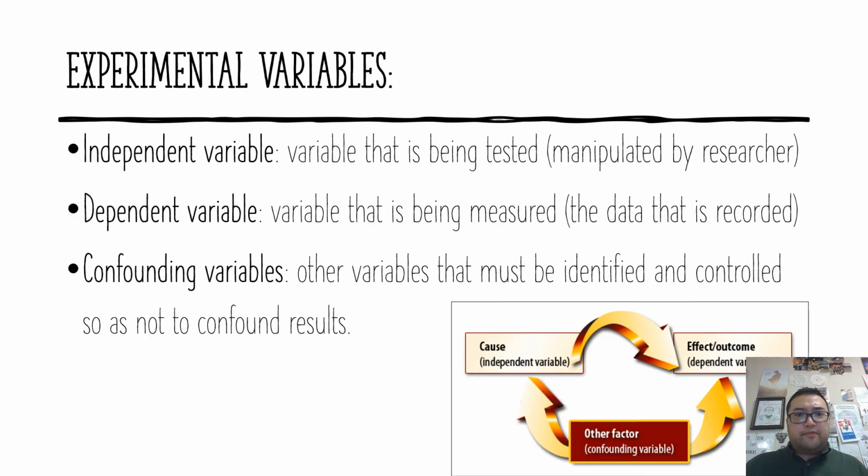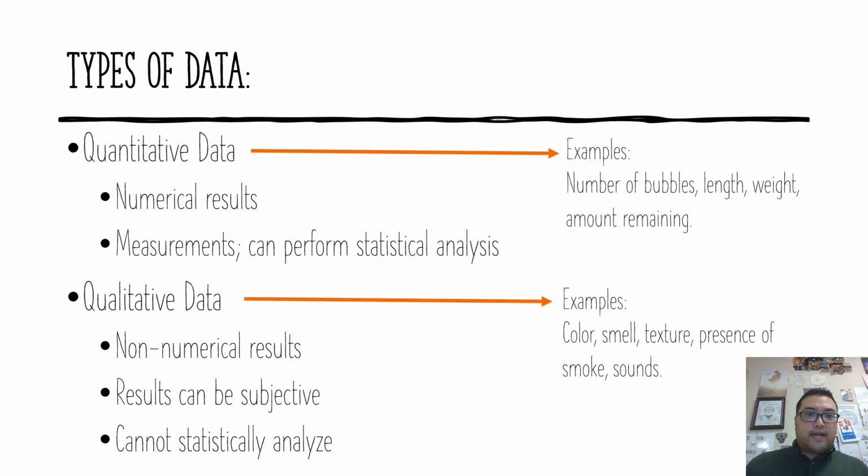So the experimental variables: the independent variable is the variable being tested, the one that is being manipulated, the one you can control. The dependent variable is the variable that is being measured, very clear. And then confounding variables are other variables that must be defined and controlled so as not to have confounding results.